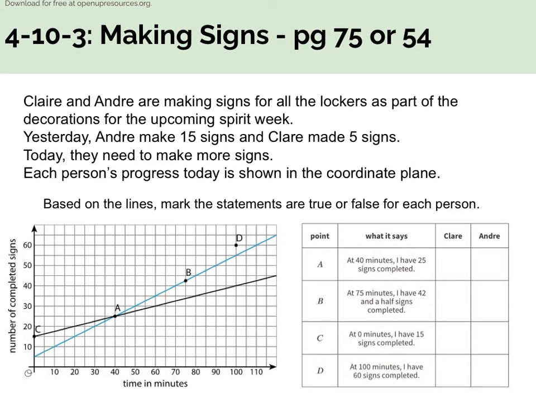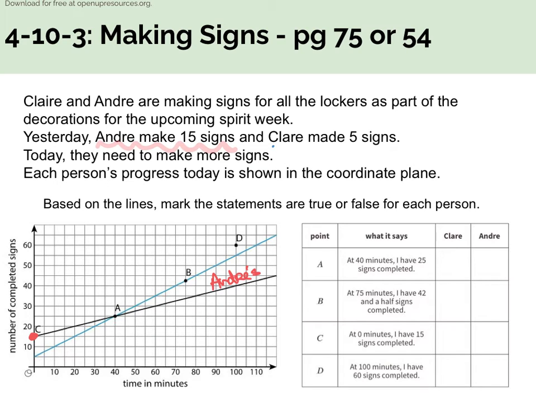Before we answer this, we need to figure out which line is which. Notice how Andre made 15 signs, so we need to figure out which line starts at 15. This point here is 15 because it goes 5, 10, 15, 20, 25, 30. So that is Andre's line. Then we need to figure out Claire's line.